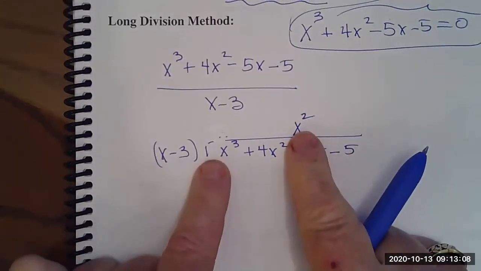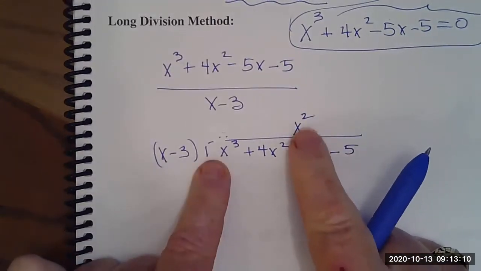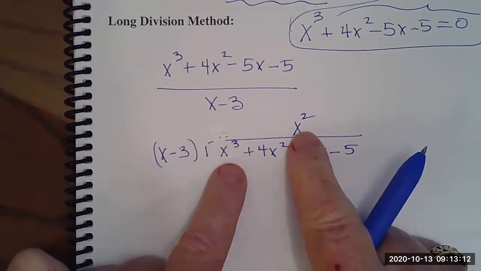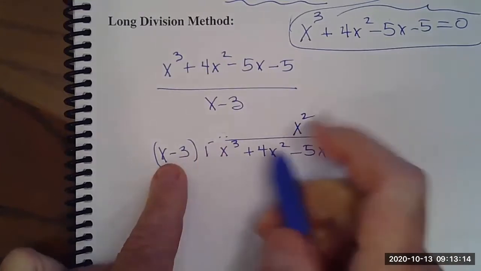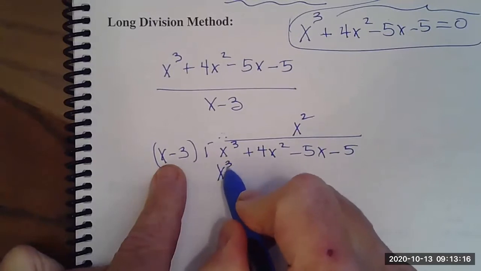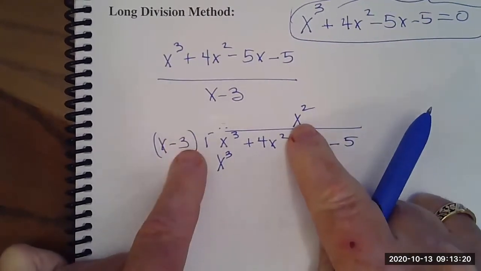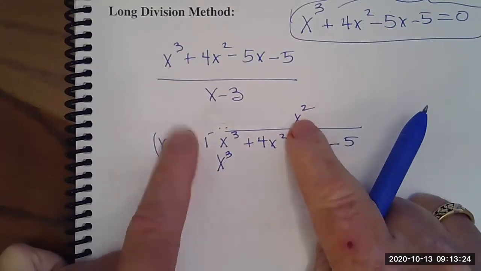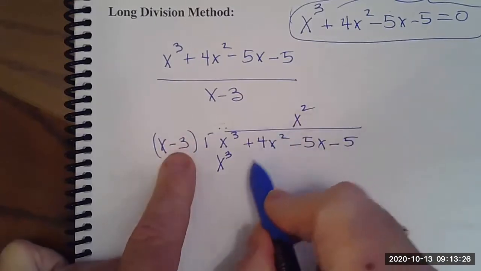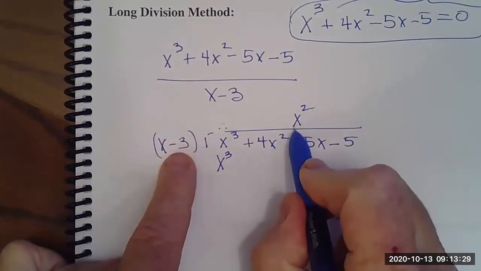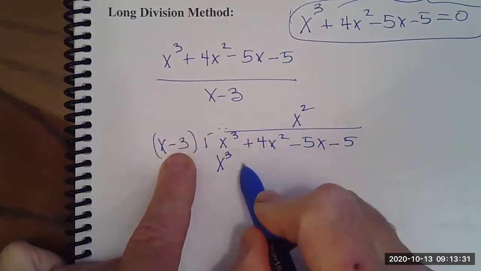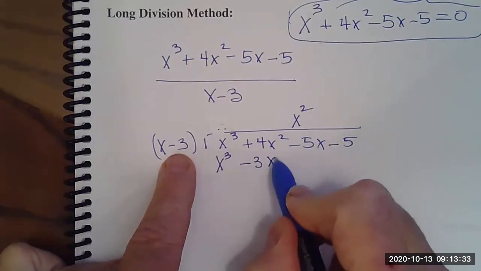You're still doing the distributive property to create the x cubed. So x squared times x is x cubed. But then you say, don't forget the 3. 3 has been invited to the party as well, and the party is taking the x squared and giving it to the 3. So now I get negative 3x, and I want to line it up here. So minus 3x squared.